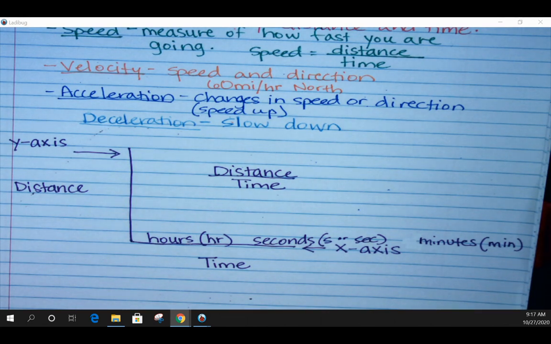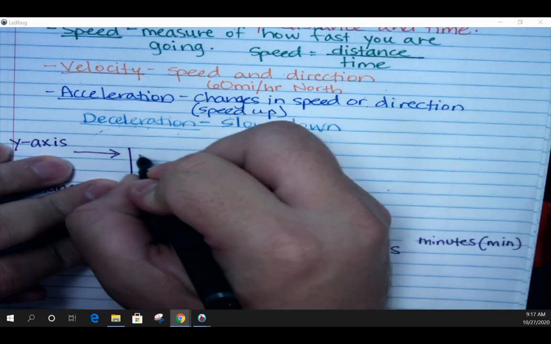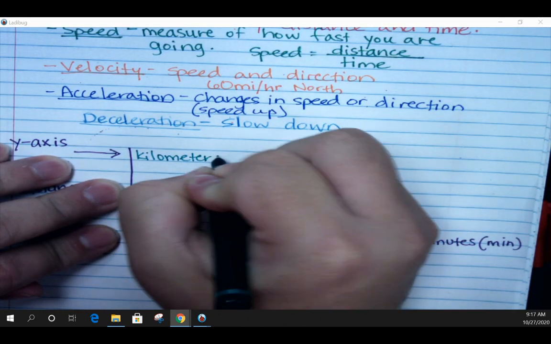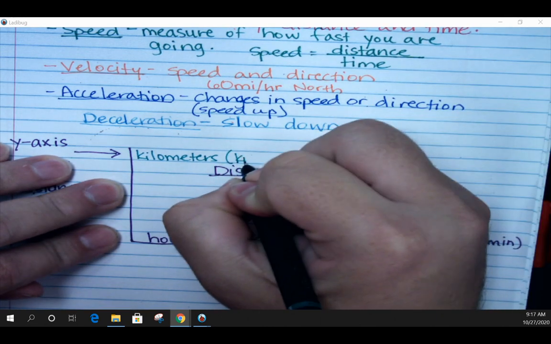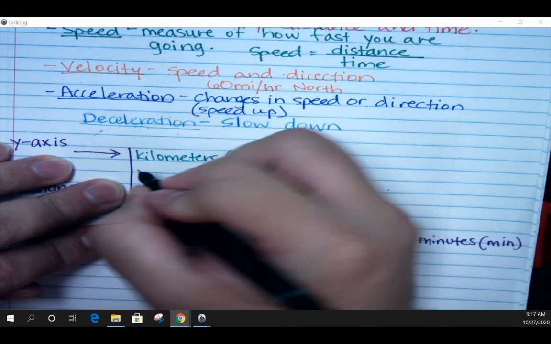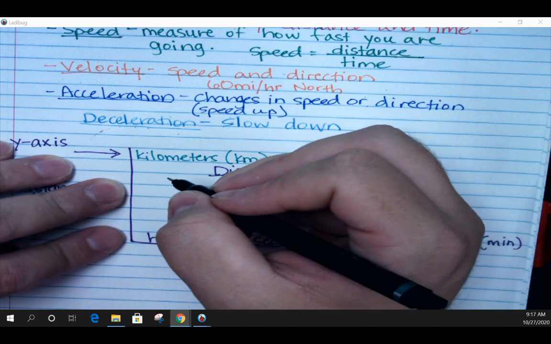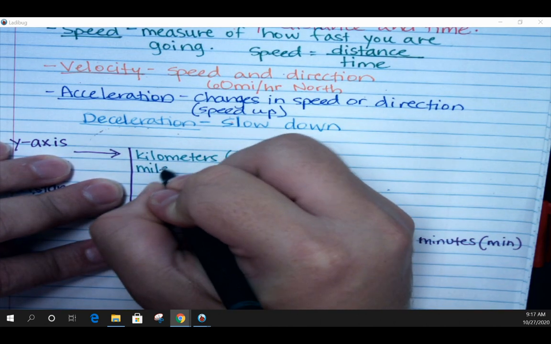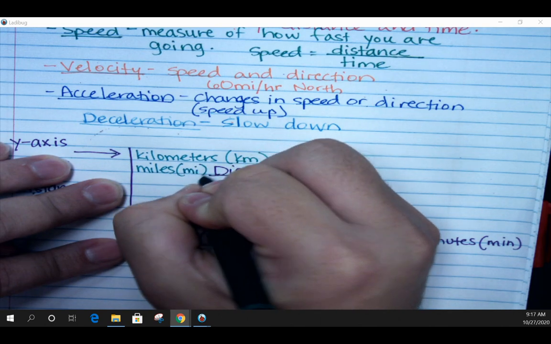Okay, what about distance? How would we measure our distance? Kilometers, which is km. Or instead of using kilometers, what do we usually use in this country? Miles, M-I-L-E-S, which is MI.